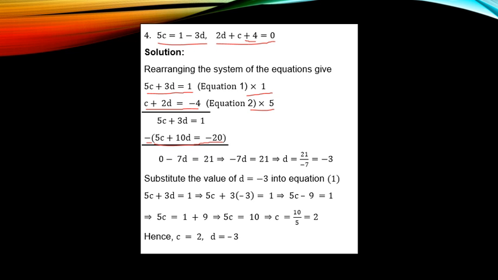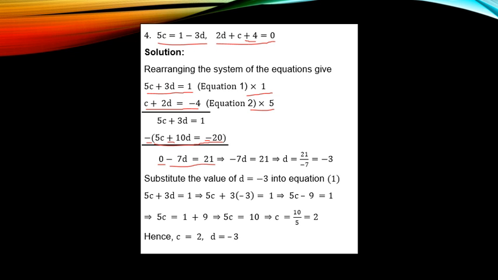So let's carry out the operation of subtraction now. 5c minus 5c is 0. 3d minus 10d. The effect of the minus has turned this plus to be minus and this minus to be plus. I've said that before. So 3d minus 10d is minus 7d, and 1 plus 20 is equal to 21.